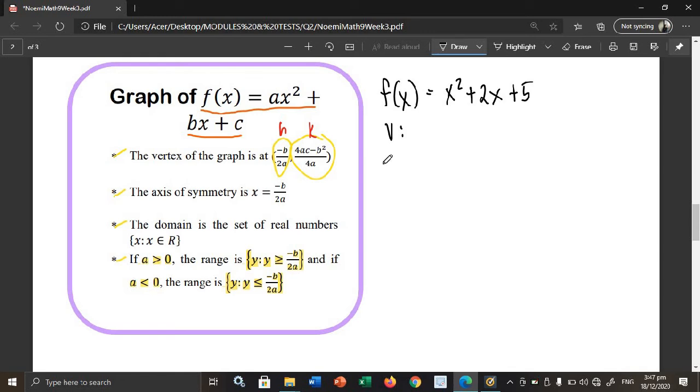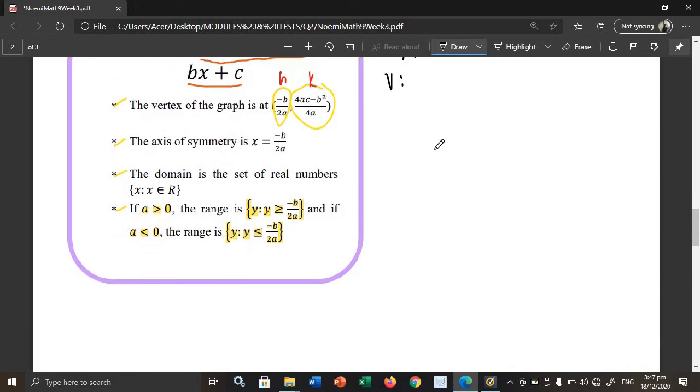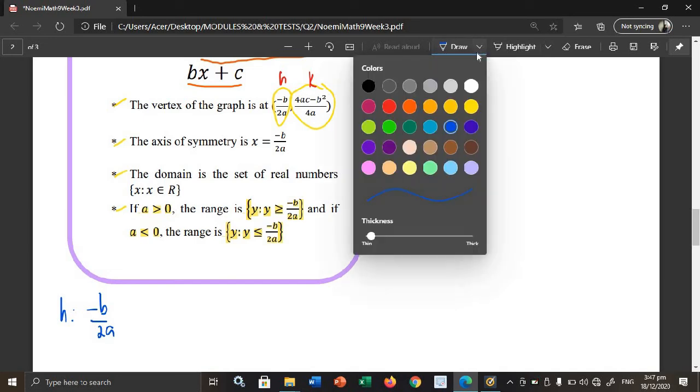Okay, babasahin natin itong presentation using this formula. For you to compute the value of the h, you're going to use this formula. We have negative b over 2a. Okay? But first of all, ilist muna natin yung values ng a, b, and c ng given na quadratic function natin.